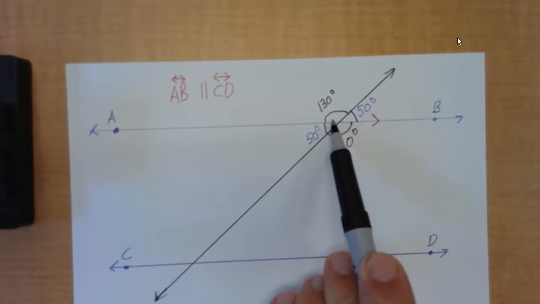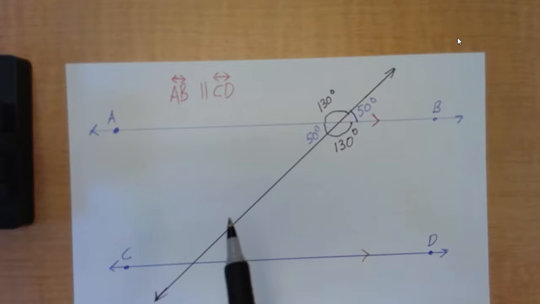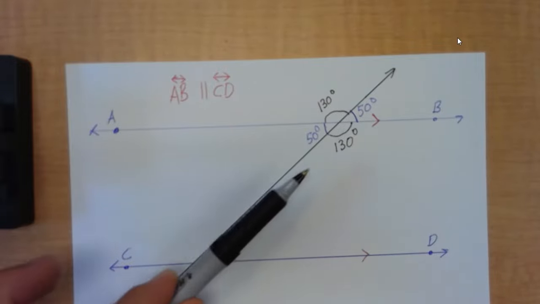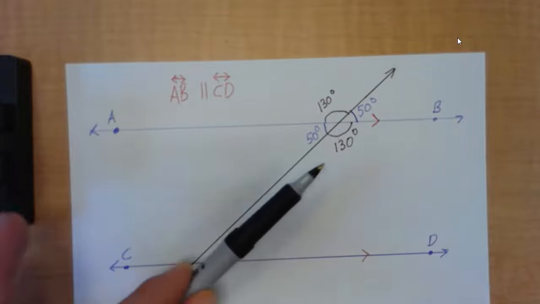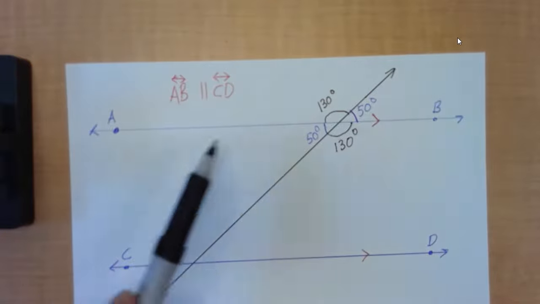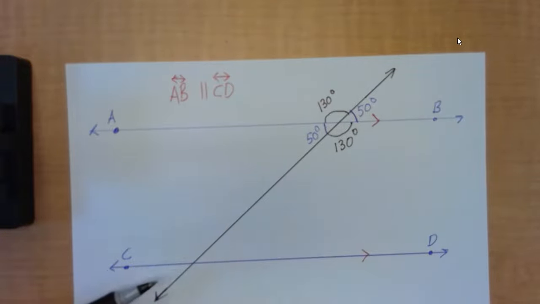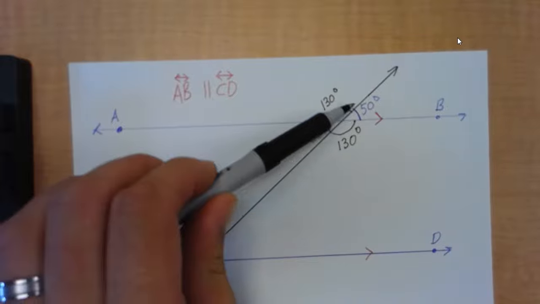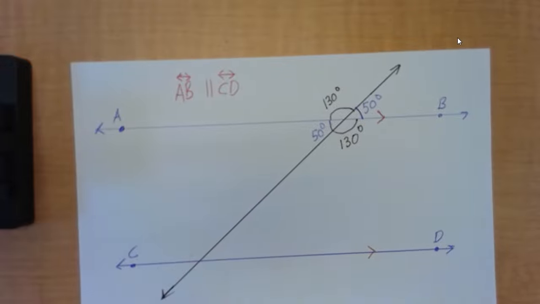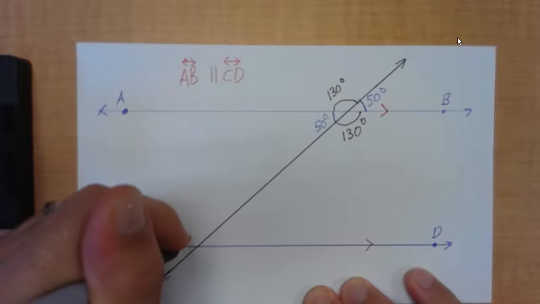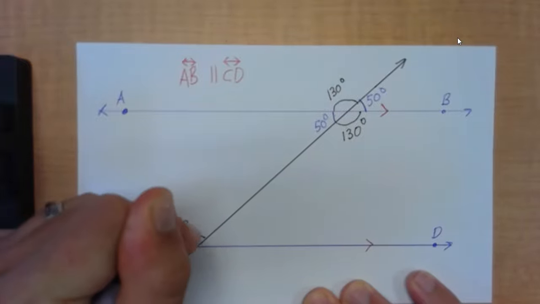Next, this angle is congruent to this angle because they are both being cut by the same line. This line has a certain slope, and since these lines are parallel, they're making the exact same angle measure. So this is just 130.